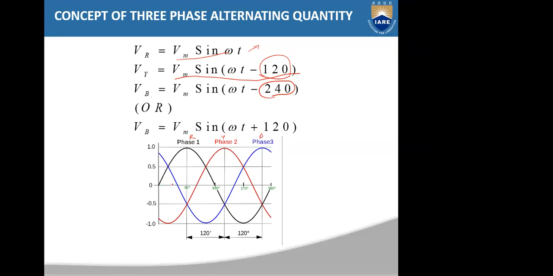R starts at 0, at the reference. The Y phase starts after 120 degrees. And the B phase starts after another 120, so from the reference it is starting at 240 degrees.